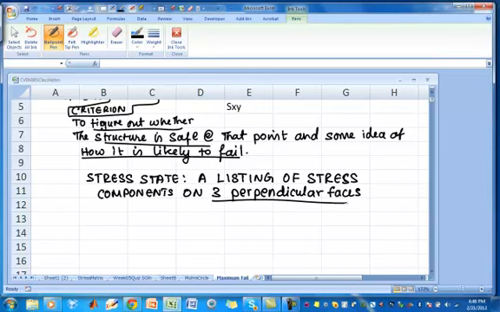Notice, up to now we have only been talking about two perpendicular faces, but we did some examples when we looked at this idea of what is meant by stress components, right? Sigma ij, remember face the force. So now we are really looking at listing of stress components on three perpendicular faces.